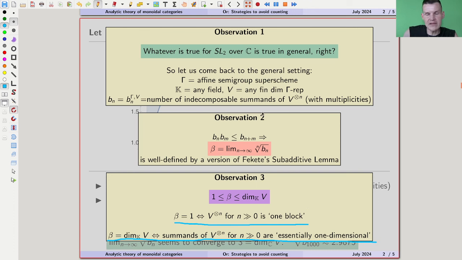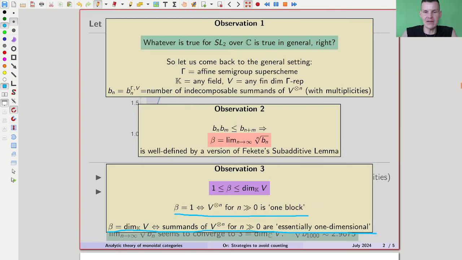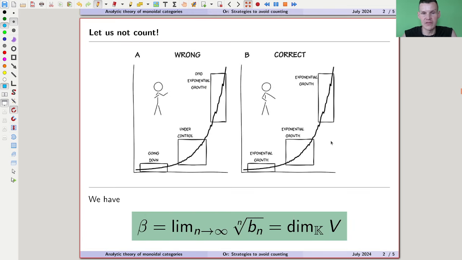And the fantastic theorem, like, again, we can't do anything in general, but if you really just ask about the leading growth rate of an asymptotic formula, you can show this absolutely ridiculously general statement that it's always the dimension. The growth rate is always maximal. Always. Which really means for anything, the indecomposables are always very tiny. They're always one-dimensional compared to the exponential growth of the tensor power.